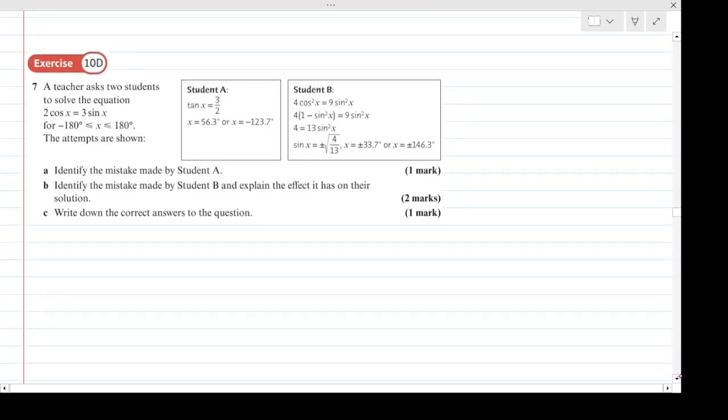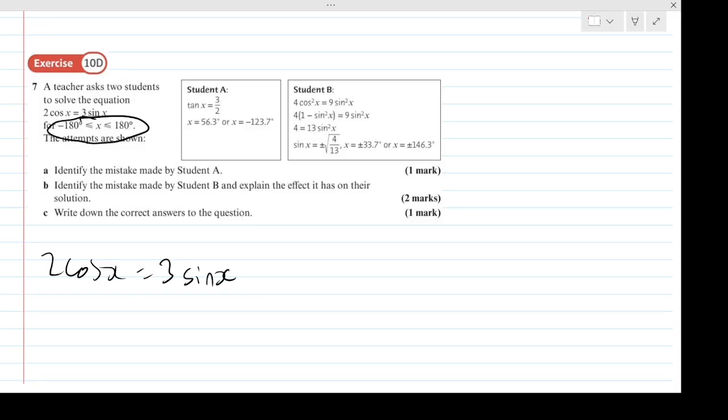So again, we've got another question with working out. We're told a teacher asked two students to solve the equation 2 cos x equals 3 sin x for minus 180 to positive 180. So here, we are not between 0 and 360.